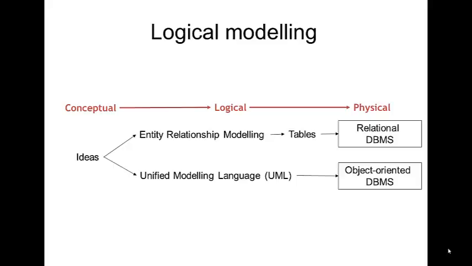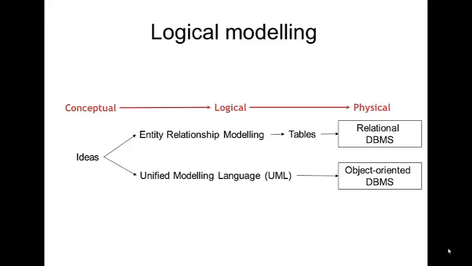If you're developing a relational database system, then your logical modelling is generally through entity relationship modelling, and then the definition of tables that you physically implement within your relational database model.